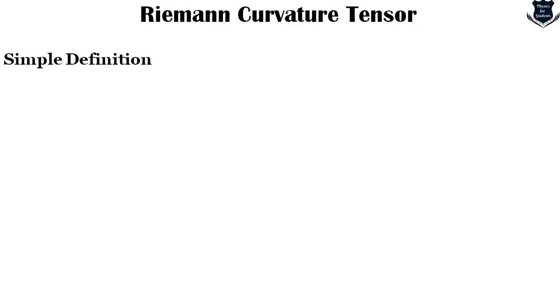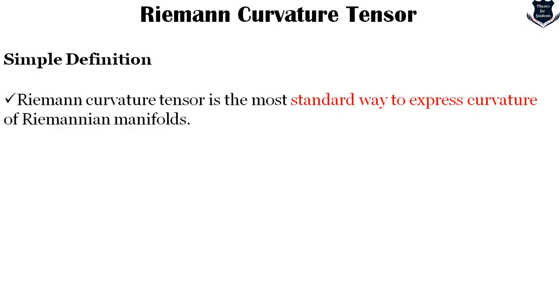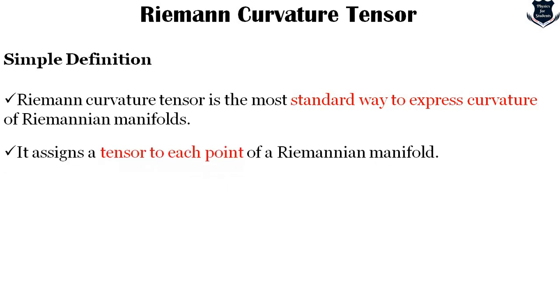Now, if I go for a simple definition in the mathematical field of differential geometry, the Riemann curvature tensor, also called the Riemann-Christoffel symbol, is the most common way used to express the curvature of a Riemannian manifold. It is a tool to describe the curvature of n-dimensional spaces such as Riemannian manifolds.